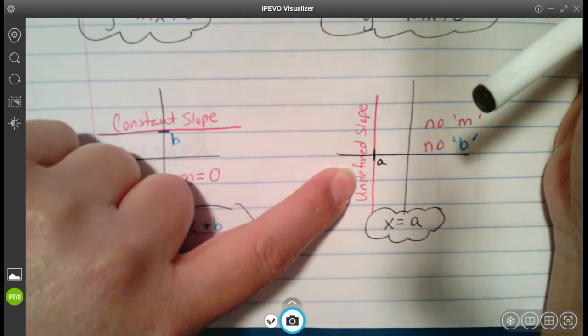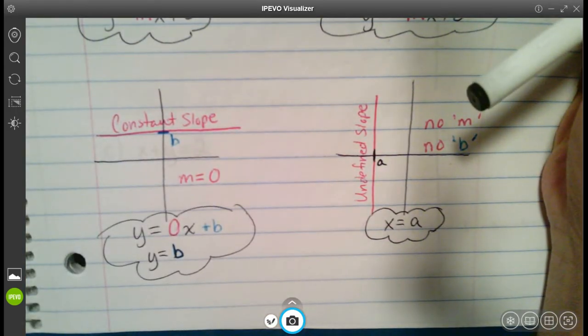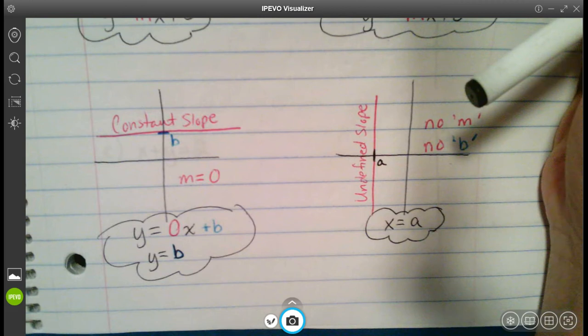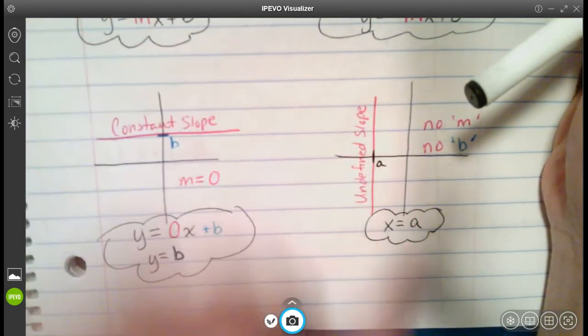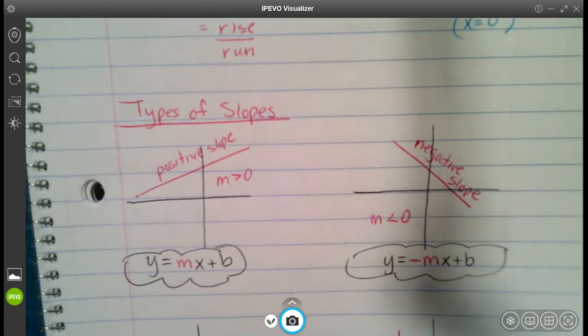The slope is undefined because it's impossible to walk straight up a wall unless you're like Spider-Man or something, which is probably not possible for most of us. So this has no m and it has no b because it's never going to cross the y-axis either. Those are the four different types of slopes we're going to see. We're going to move on and start with some examples.